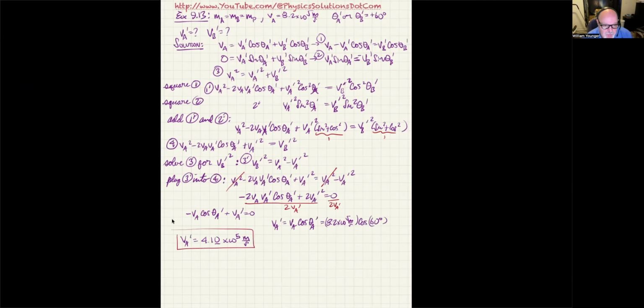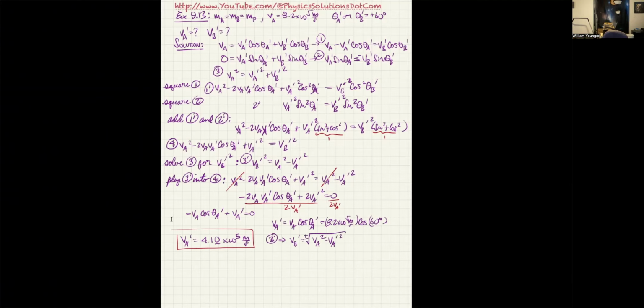And that seems pretty reasonable. Now what we can do is figure out what VB prime is from the VB prime that we had for equation 3 prime. So equation 3 prime implies that VB prime is equal to the plus or minus square root of VA squared minus VA prime squared.